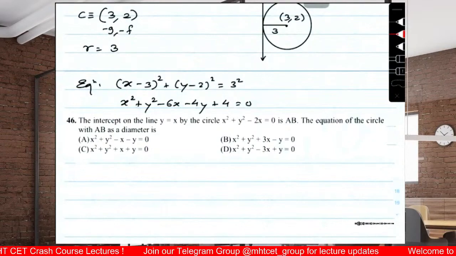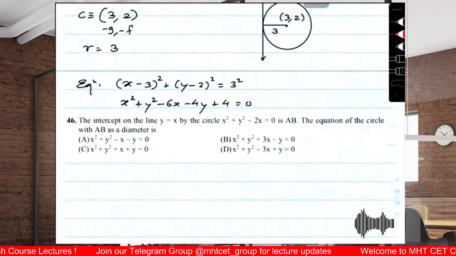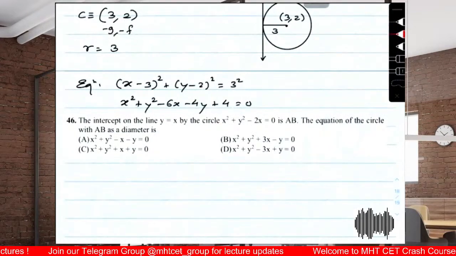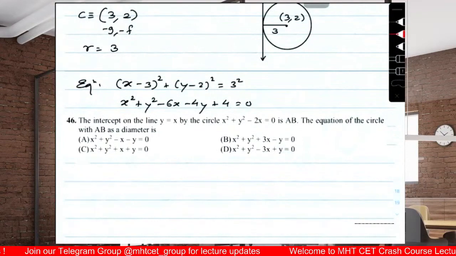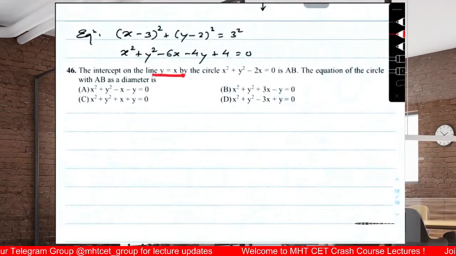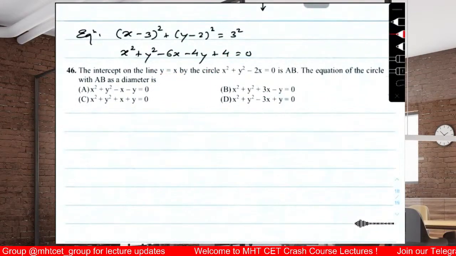देखो. The intercept on the line y equal to x by the circle is AB, and the equation of circle with AB as diameter is. Okay. So पहले तो y equal to x पे ये circle जो intercept करता है, you'll have to solve those two simultaneously.